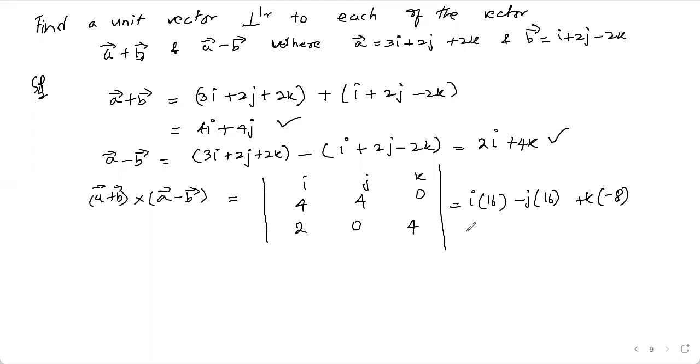After simplifying, 16i minus 16j and minus 8k. We got a plus b cross a minus b.